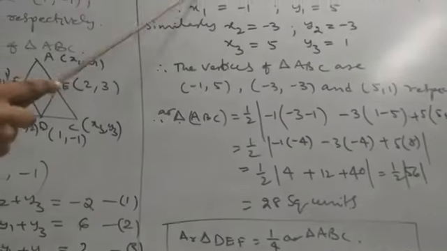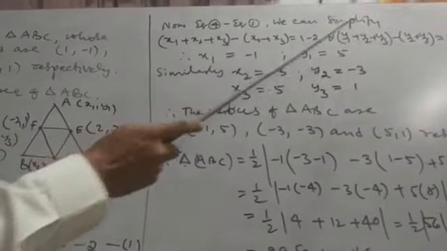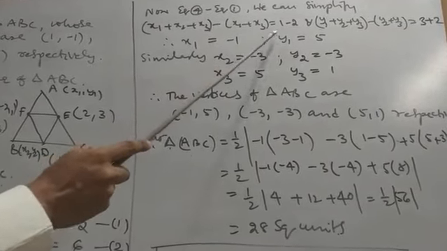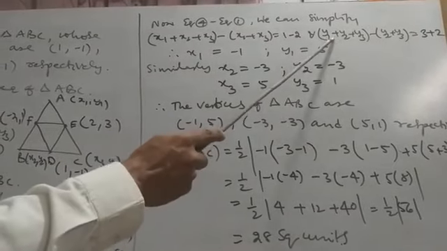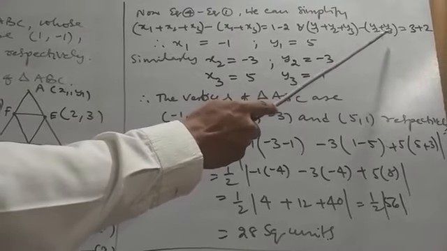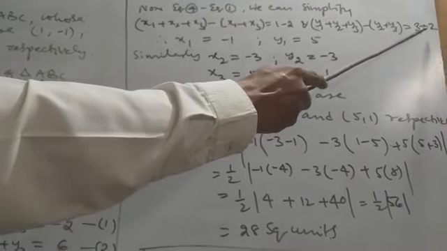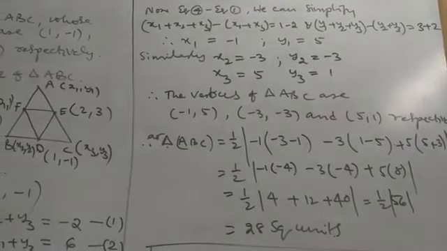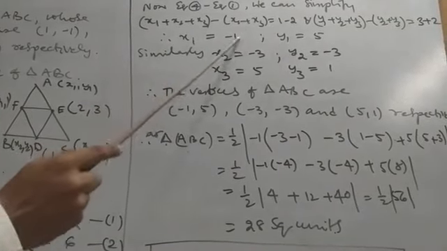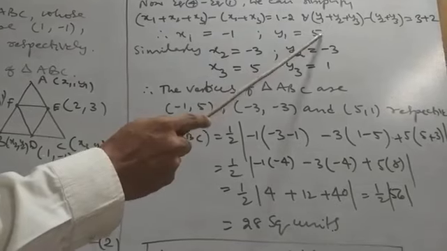So equation 4 minus equation 1, we can simplify (x1 + x2 + x3) minus (x2 + x3) equal to 1 minus 2. Similarly, (y1 + y2 + y3) minus (y2 + y3) is equal to 3 minus of -2, that is nothing but 3 + 2. So x1 value is nothing but 1 - 2 = -1, y1 value is nothing but 5.